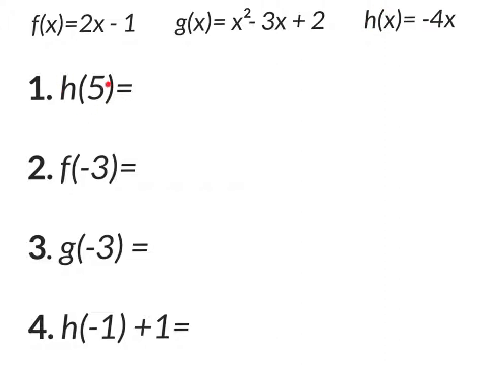And this notation saves us a lot of time. I don't have to tell you, hey, take this function and evaluate it when your x value is 5. That's all said right here with that notation, h of 5. Okay? So the notation is telling you to go to your h of x function, this guy, and plug in 5 in place of x.